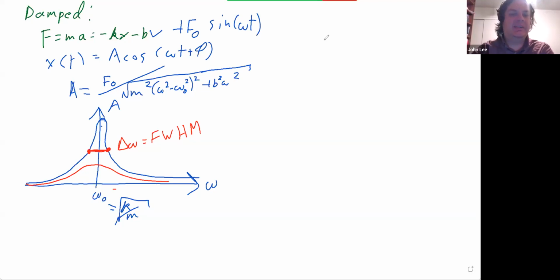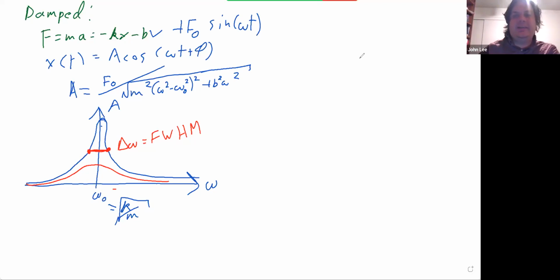As you go up and down on your radio slider, it changes omega naught, and you want the amplitude to be such that it doesn't catch a lot of frequencies outside of the range you're looking for. So you want this delta omega to be small.